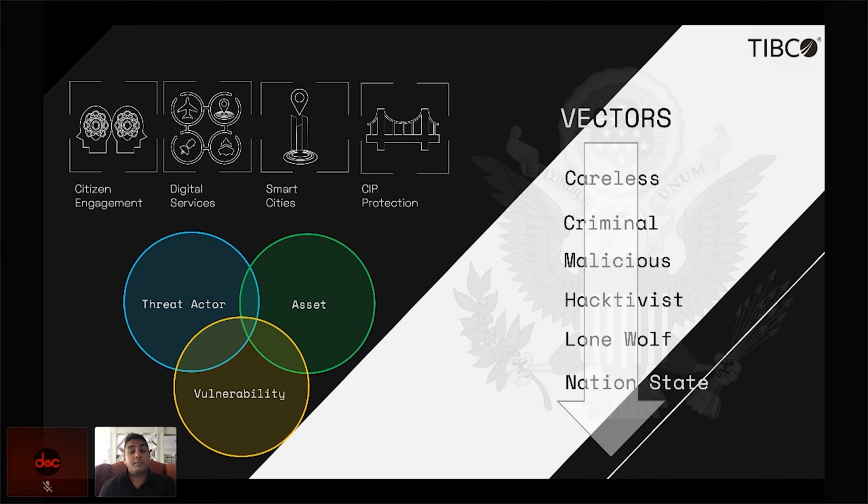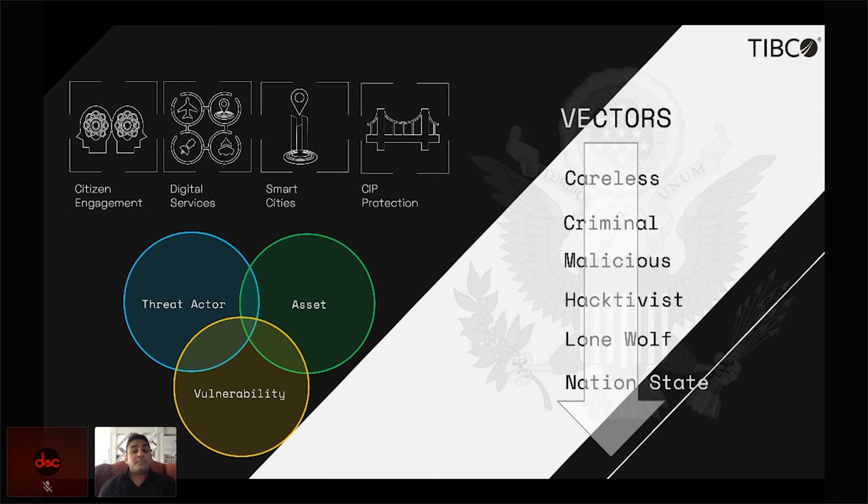People can be extremely careless. That's often thought to be the top vector for any type of cyber intrusion. That means using a common password, not updating it, keeping your credentials out, or even an organization not doing its due diligence when it comes to providing key security for key systems.